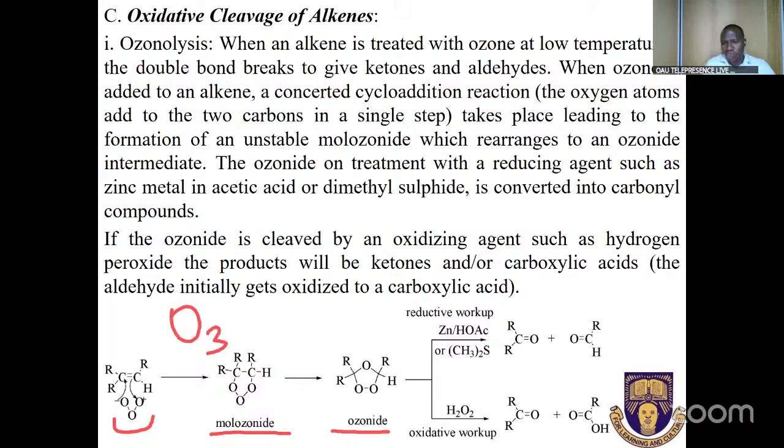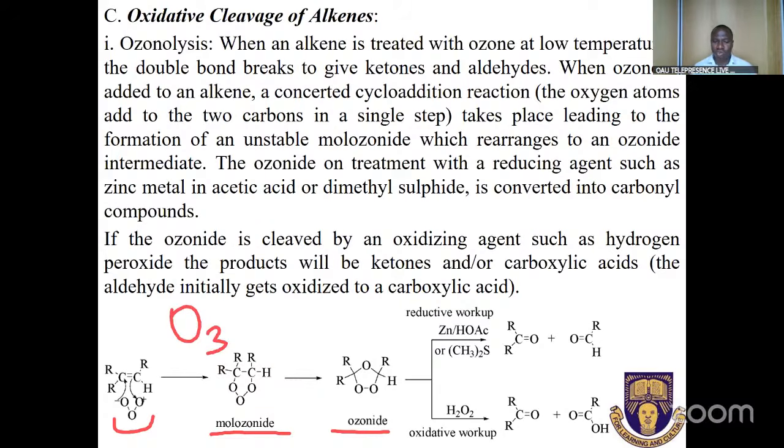So reductive workup simply means that once the ozonide is formed, we treat the reaction mixture with zinc in acetic acid, or with dimethyl sulfide, and we end up with either aldehyde or ketone. We could also treat the ozonide with hydrogen peroxide.